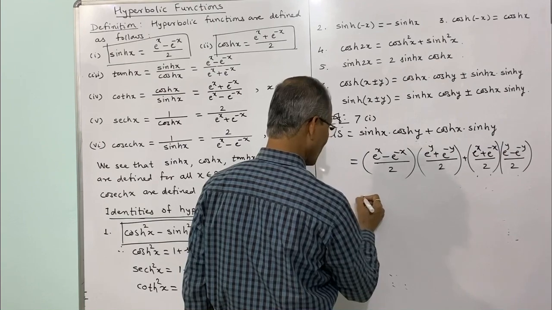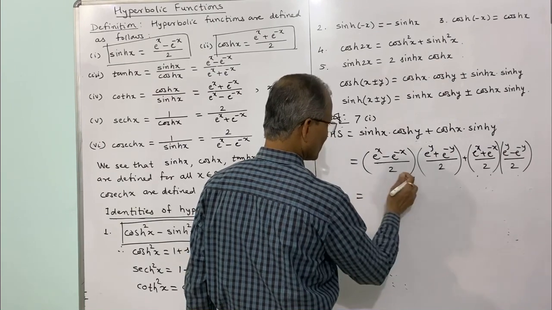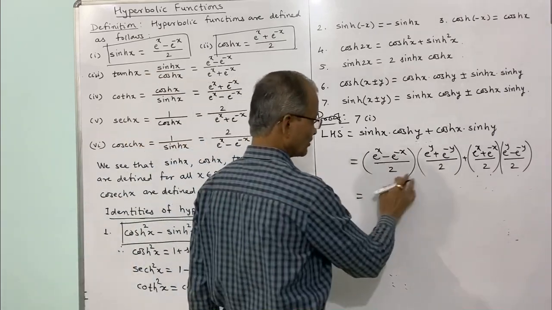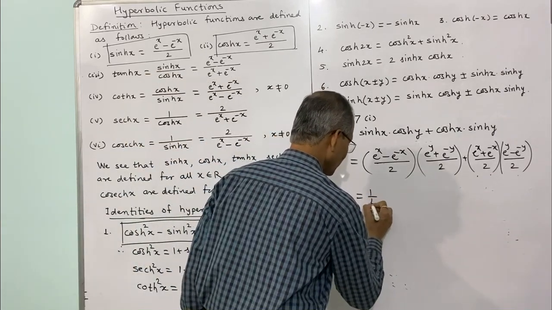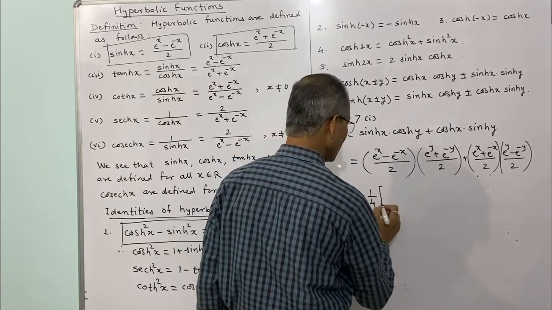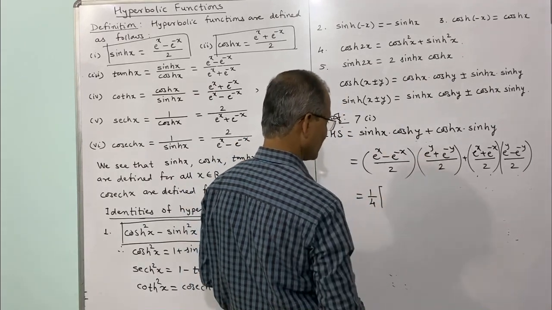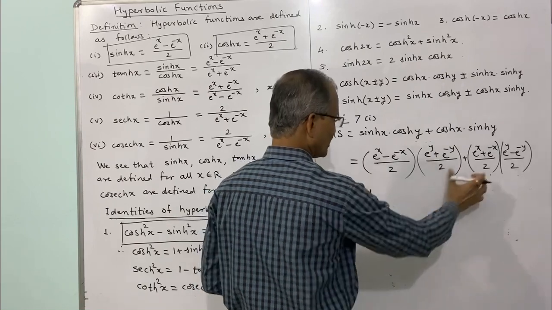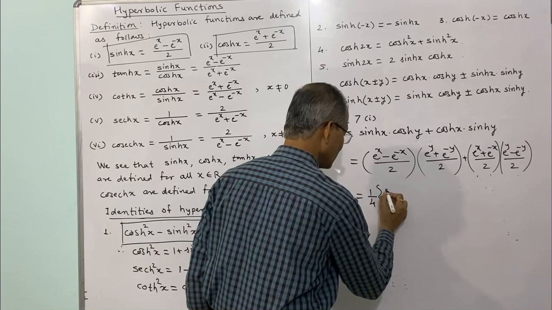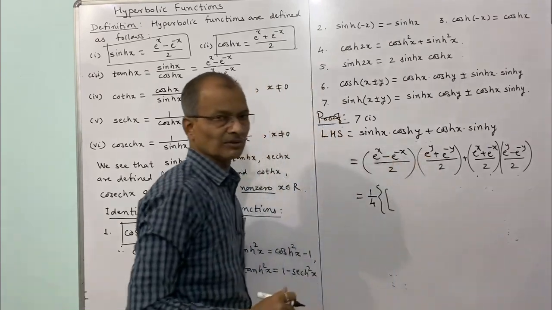For the product, the common denominator can be taken as 1 by 4, 2 into 2. So denominator is 4, 1 divided by 4, and I shall write the product of these two in bracket, and then again 1 by 4 is common throughout.